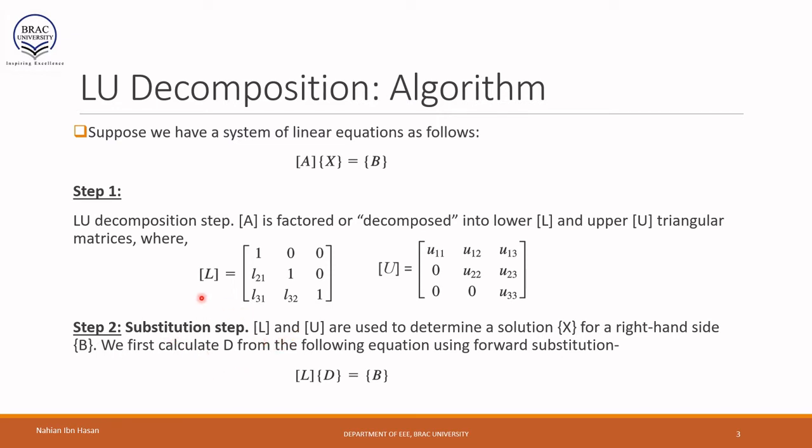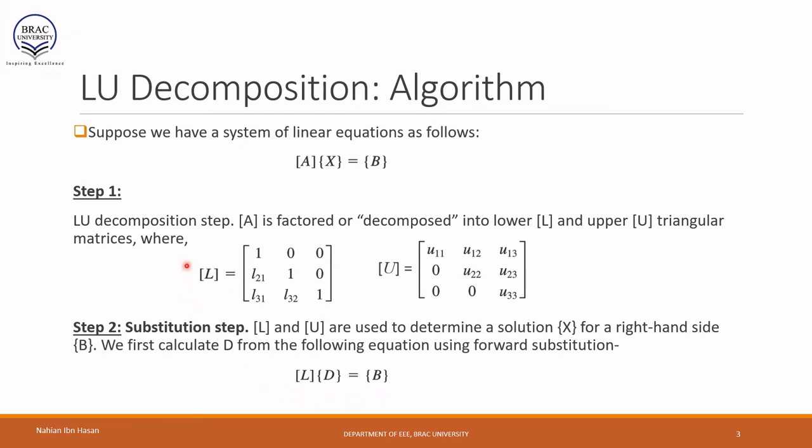Look at this. L is the lower triangular matrix. If you multiply L with an intermediate vector, known as D, then we will get the B matrix. So this is another formula that is used to find the solutions.